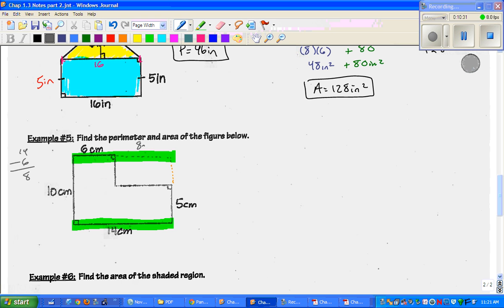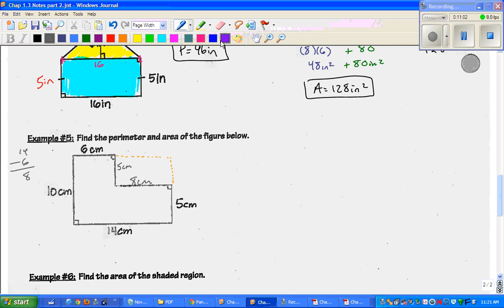So this part would be 8 centimeters, which goes down to right there. Okay? And now the same thing on this side where we have 10 and 10. We know that's 5. So this missing portion right here needs to be 5 centimeters as well.